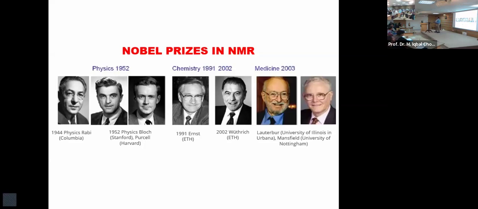Later, the biochemists thought, why don't we just measure the NMR of proteins and nucleic acids and polysaccharides and just name it. And he was the first one who developed, not the hardware, but the software and pulse sequences for the interpretation of the complex spectrum which comes out of a protein.